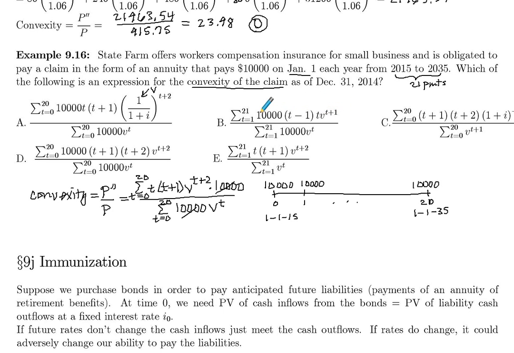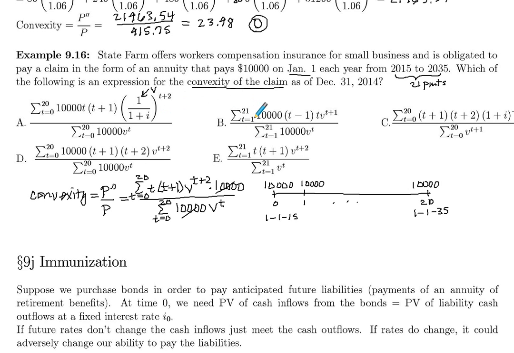Okay, and this is starting at time 1 and going to time 21. So when t equals 1, this is going to be 0, this will be 1, and this will be 2. That's the same thing that happened over here. So actually these two are going to be equivalent. Right? This is just a change of index.